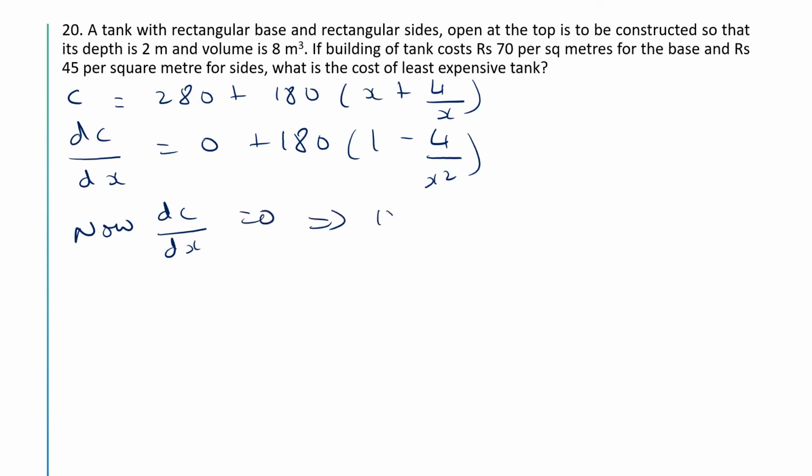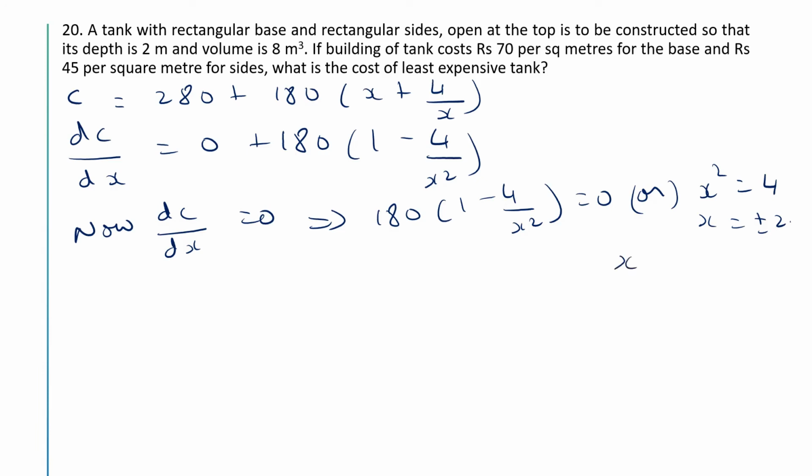So it means 180 into 1 minus 4 by x square equal to 0, or x square equal to 4. From this we get x is equal to plus or minus 2. We cannot have x is equal to minus 2 because the length cannot be negative. So x is equal to plus 2.